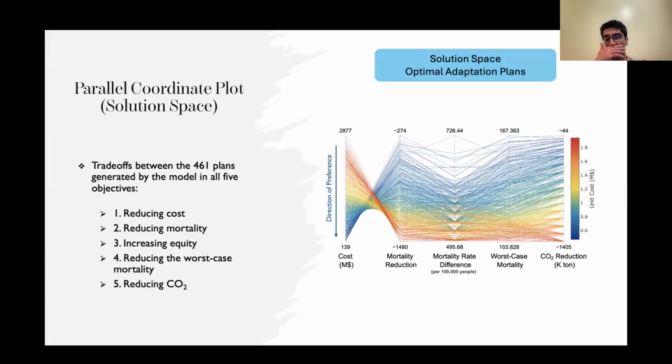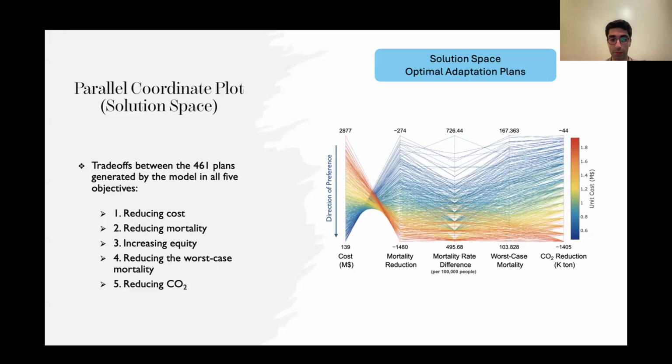It's pointing towards where we want our objectives to be, right? We want to spend the lowest amount of money while we want to have the highest amount of heat-related mortality reduction. And each of these lines shows a different adaptive pathway, and they're what we call non-dominated solutions, which means that you can't find another solution that is performing better than them in all 5 objectives.